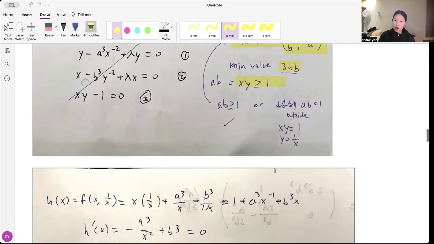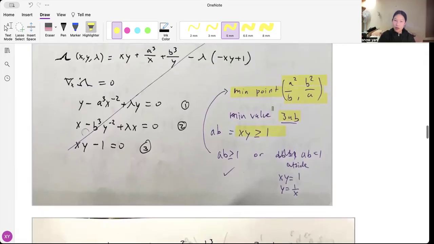And when it's not the case, when ab is smaller than 1, the minimum point is outside of our allowed region. That means our minimum will definitely be on the boundary, and if it's on the boundary, our xy is equal to 1.